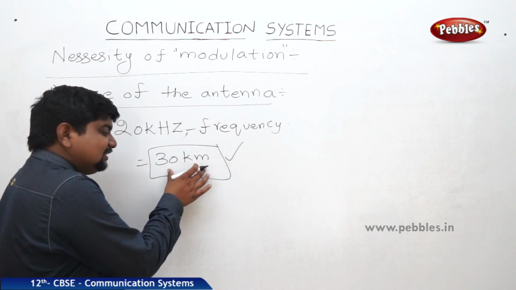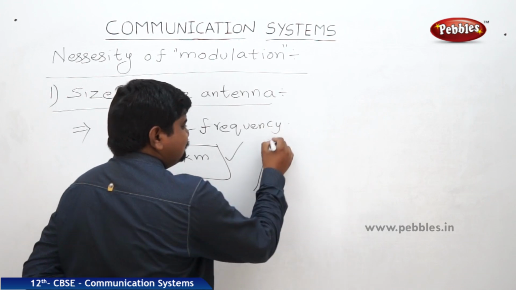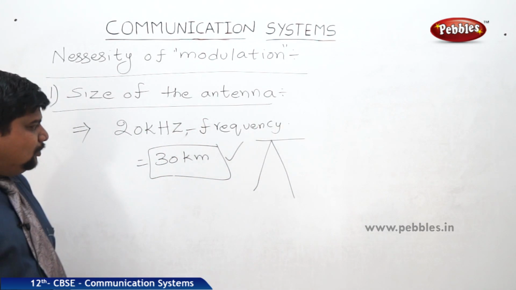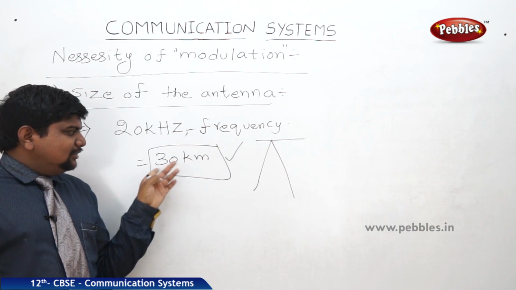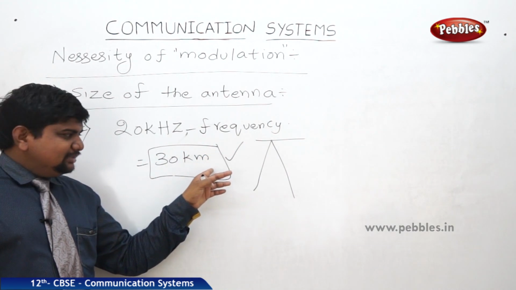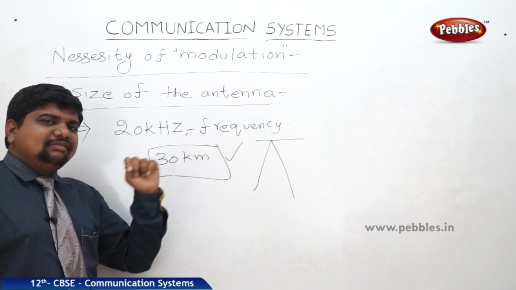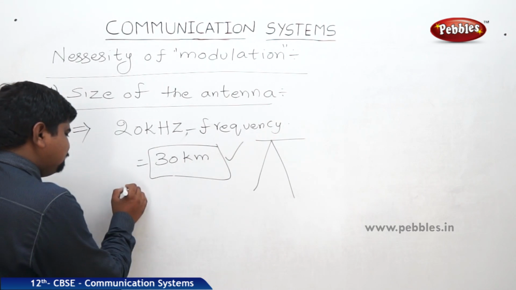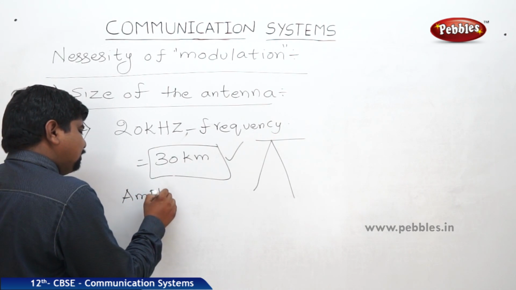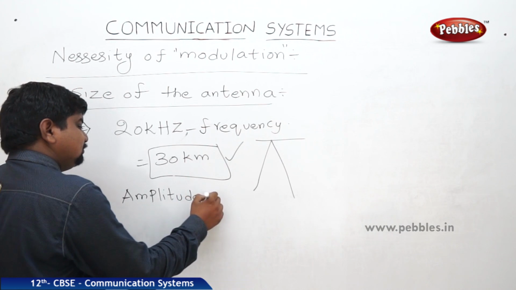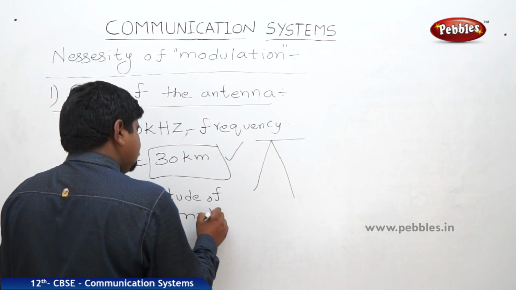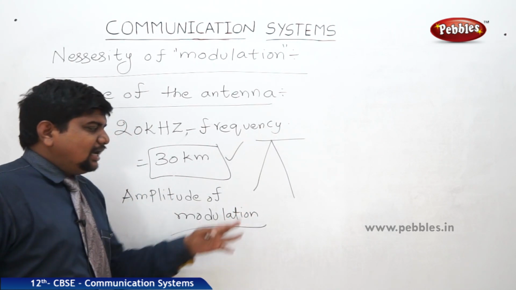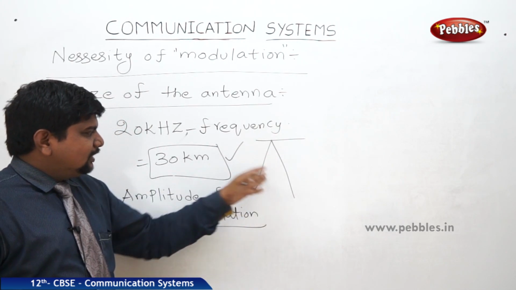But building a tower of 30 kilometers height is impossible anywhere. Now, what should we do in these cases, where the tower's height is not in the order of wavelength? Here, we should increase the frequency, so that is the only possibility with amplitude modulation, where constructing this much height is not possible.